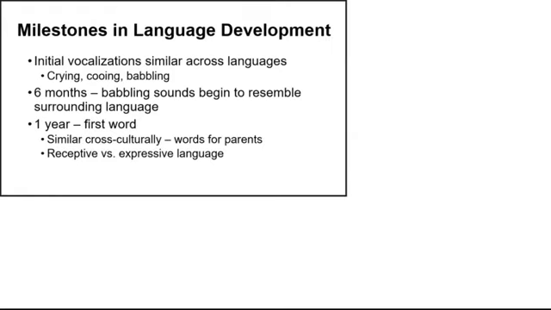By the time we get to 1 year of age, we start seeing our first words, and we have another cross-cultural similarity here. This one is probably a lot less due to a biological underpinning. When we're born and can produce all possible sounds, because we don't have any experience at that age, it's probably just a genetic predisposition.